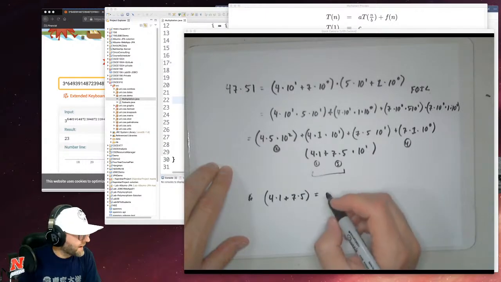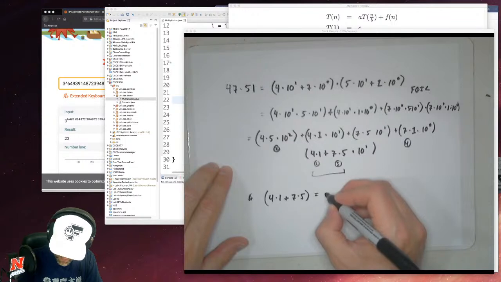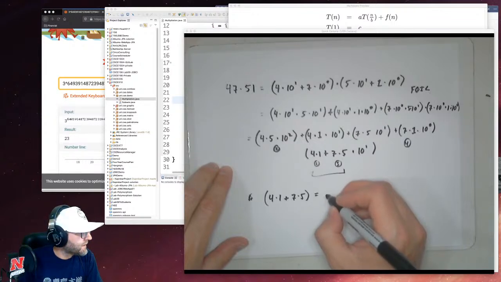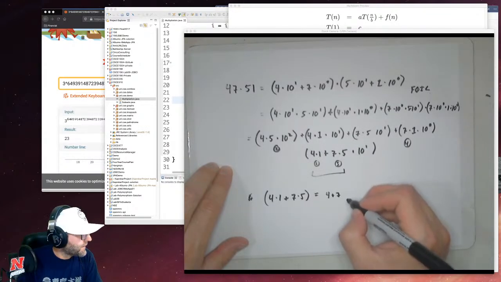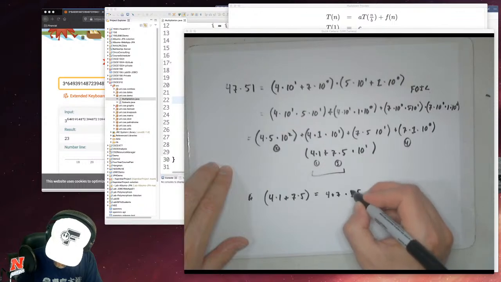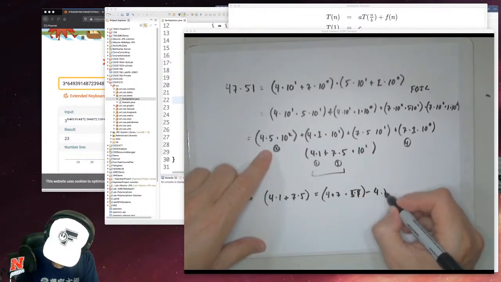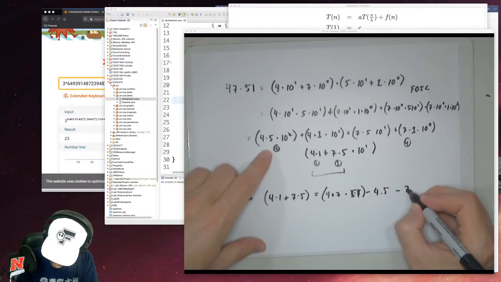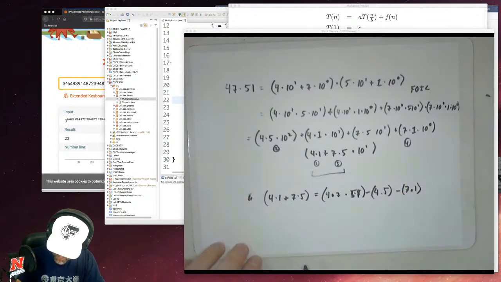So what does that look like? That looks like 4 plus 7 times 1 plus 5, or 5 plus 1 to keep it in order, sorry, minus 4 times 5 minus 7 times 1. There we go.